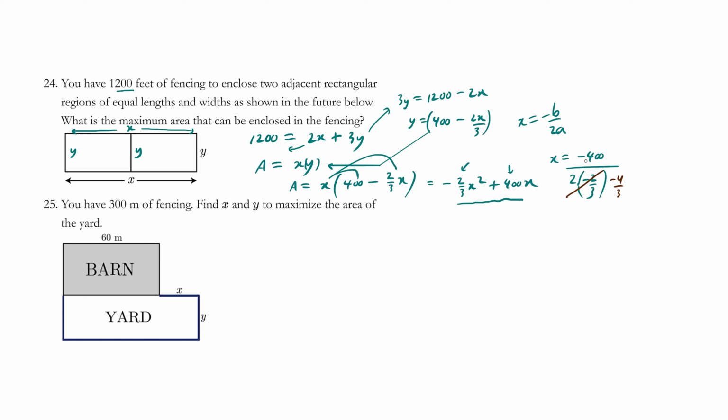And so when you're taking negative 400 divided by negative 4/3, this is the same thing as negative 400 multiplied by the reciprocal. This is going to be 3 over negative 4. The negatives cancel. 400 divided by 4 is 100. 100 times 3 is 300. So we have x equals 300.